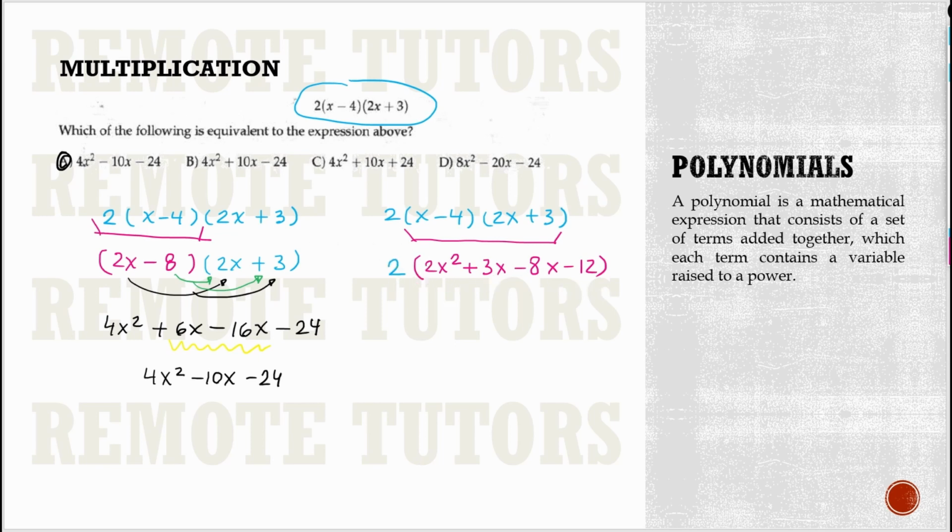Next, we will combine like terms here. So we get 2x squared minus 5x minus 12. And at last, we will multiply by 2. 4x squared minus 10x minus 24. And as you can see, we will get the same answer.